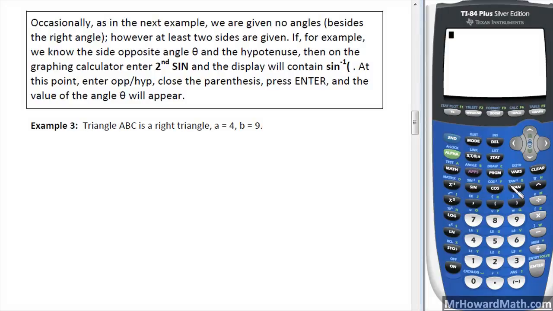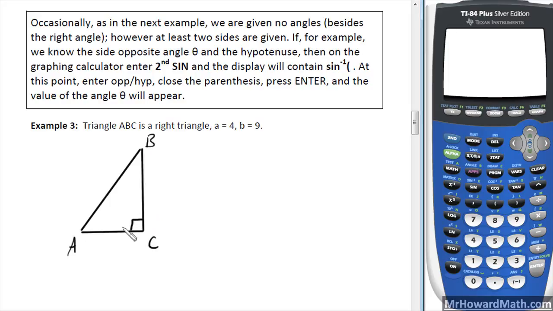Okay. Now let's apply that information to example 3 here. It says triangle ABC is a right triangle. A is 4, B is 9. So we'll make a sketch first thing. This is A, this is B, and this is C. It's a right triangle, so we know C is a 90-degree angle.